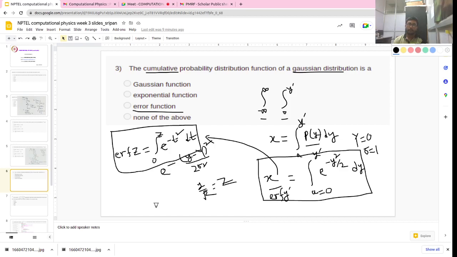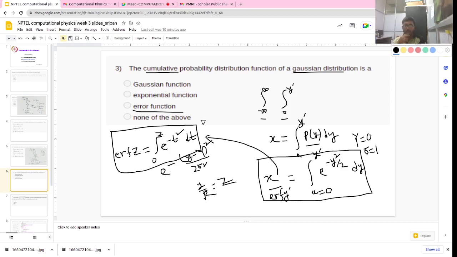Yes, sir. I thought the answer to be the last option because it does not mention whether this Gaussian distribution is normalized, so I assume the function will be normalized. If I consider this integration within this limit, it is going to give me unity, right?